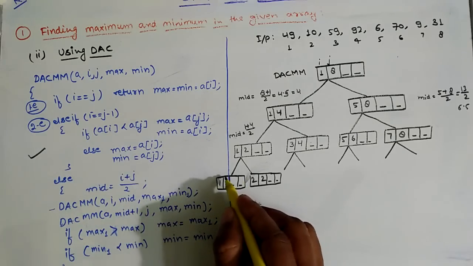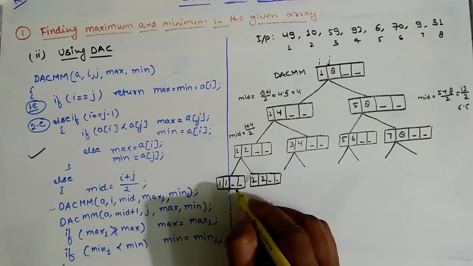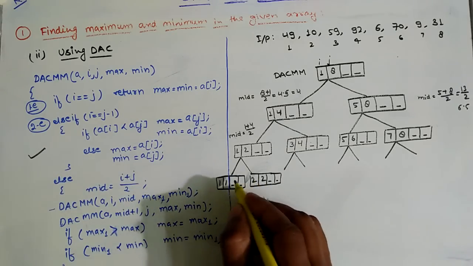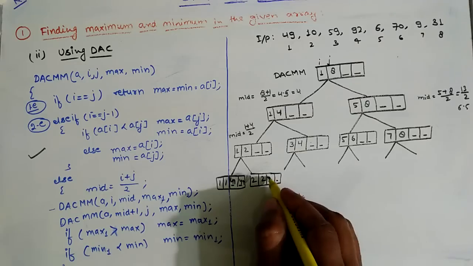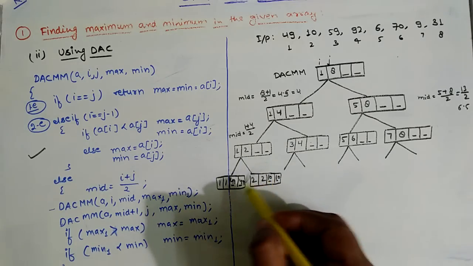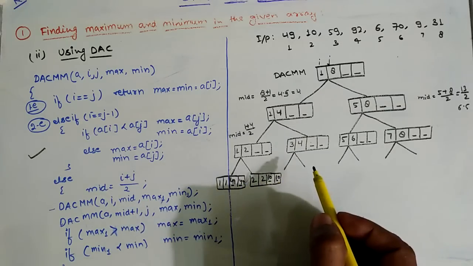Now because the problem is small and considers only one element, max and min would be pointing to a single element. Here the single element is 49. Similarly here also the single element is 49, and here the single element is 10 and again 10. So this problem would consider only one element.